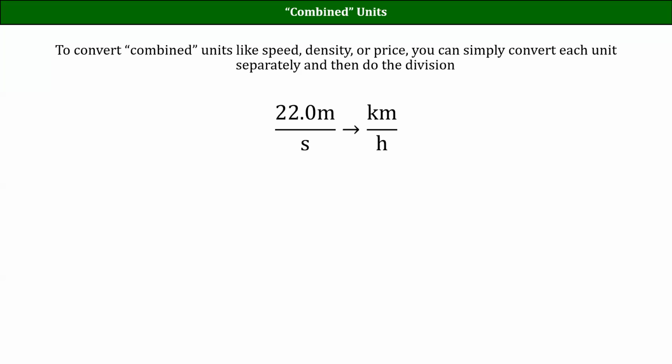So we actually can show all the same steps without having to end with another division problem. So 60 minutes goes on top, 1 hour on bottom. If we just ended there, we'd be in meters per hour. And then last thing, we want to cancel out meters as well. So we're going to put 10 to the 3 meters is 1 kilometer, just like we did before.